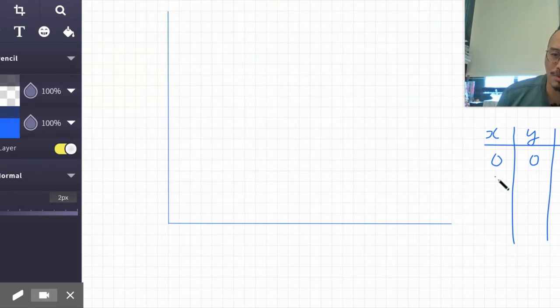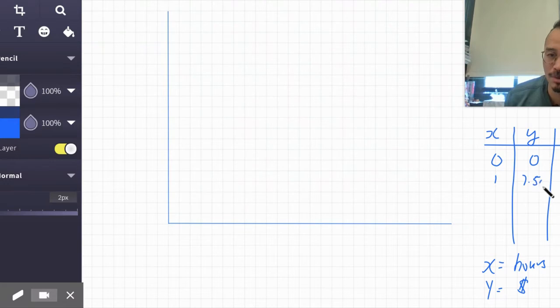Now, let's define the variables. X stands for the hours worked, and Y stands for the money he makes. If Jeremy works 1 hour, how much would he get?